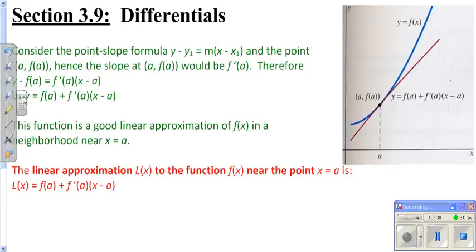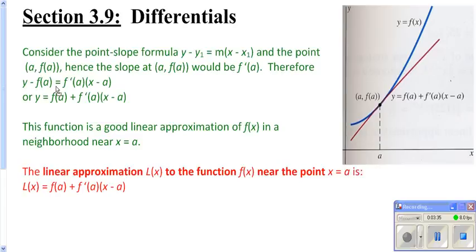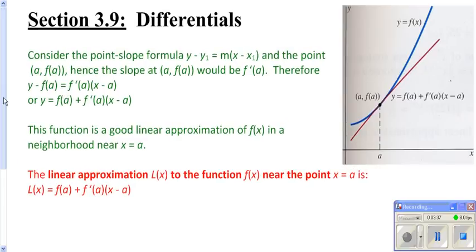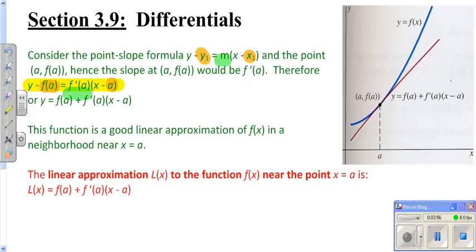So now let's go ahead and take a look at differentials. Once again, we're for the most part going ahead and we're looking at the equation of our lines. So we have our point slope formula here, where we have our x coordinate of our point, our y coordinate of our point, and then what this is really just your slope.